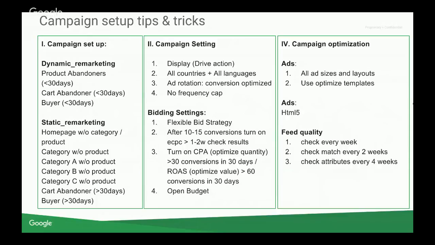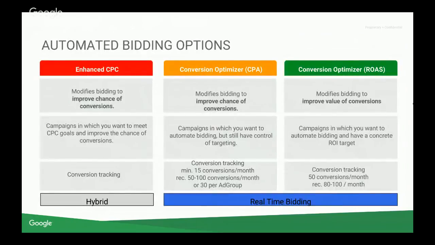So not so often. We already mentioned some automated bidding options, and I believe if you're working in an agency or if you have your own AdWords account, you're pretty much familiar with the enhanced CPC, the conversion optimizer or CPA, and the conversion optimizer, meaning the targeted ROIs. So basically, enhanced CPC modifies bidding to improve your chance for conversions, in the campaigns where you want to meet your CPC goals and to improve your chances of conversions.